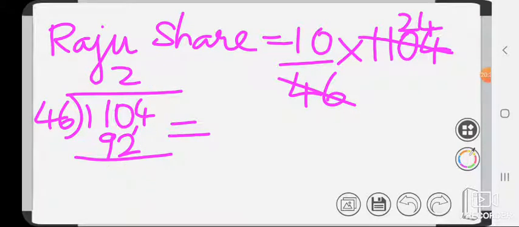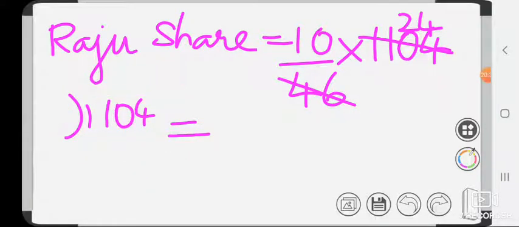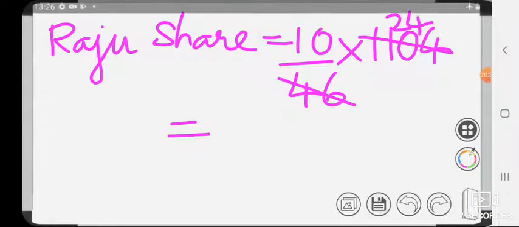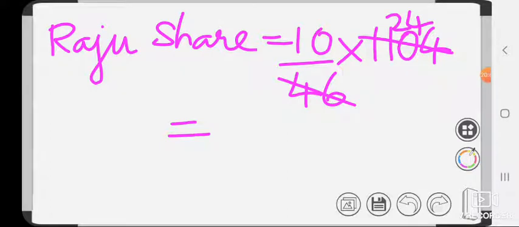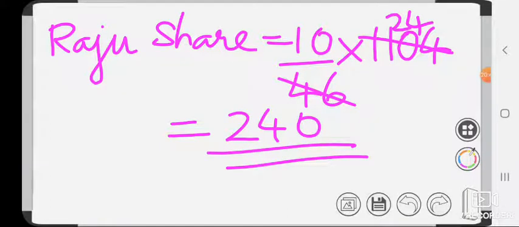Now the next task is to multiply. 24 into 10. What do you get? 240. So Raju's share, we got it as rupees 240. Now this cancellation will be the same for all the other ratios. Now next is Ramu's share.